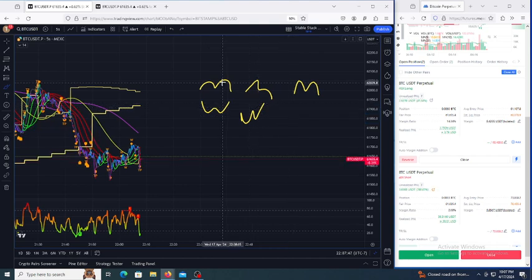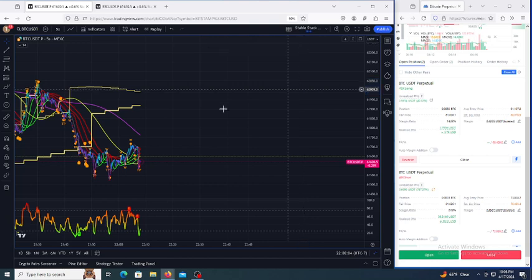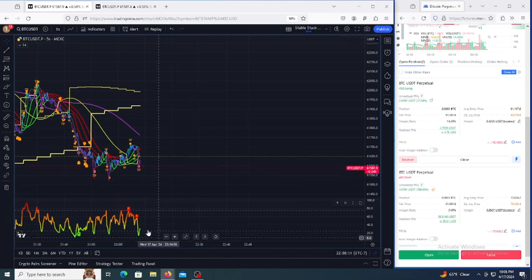Now, the next pattern is with the divergence. When you see a divergence, what you're looking for is the next dip into the green, which I mean by that is down either close to this line or preferably past this line.